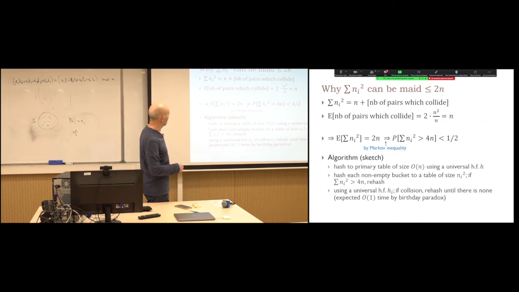So this is how the algorithm works. We hash to the primary table of some linear size, 2n maybe, using a universal hash function. We hash each non-empty bucket to a table of size ni square. If we obtained a total sum of the second level hash tables more than 4n, then we rehash. And that's it.